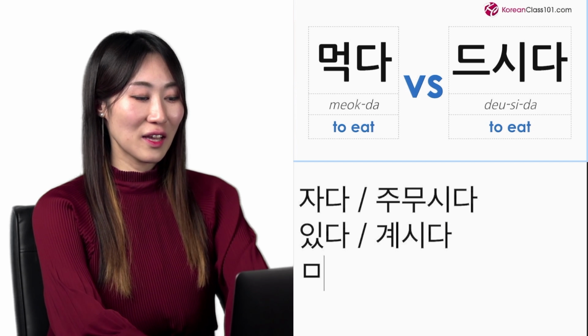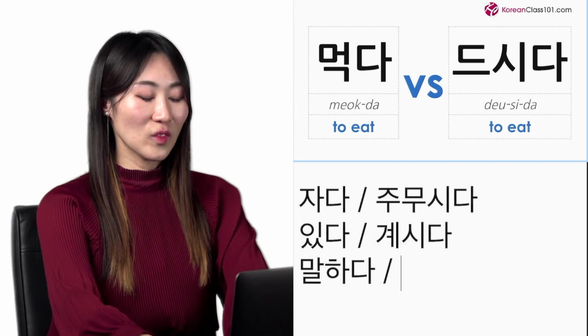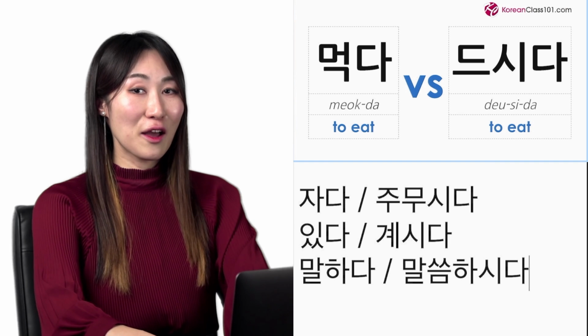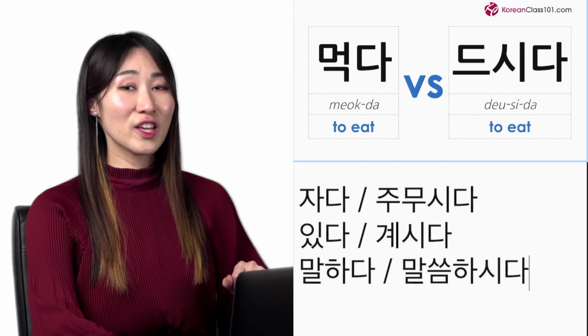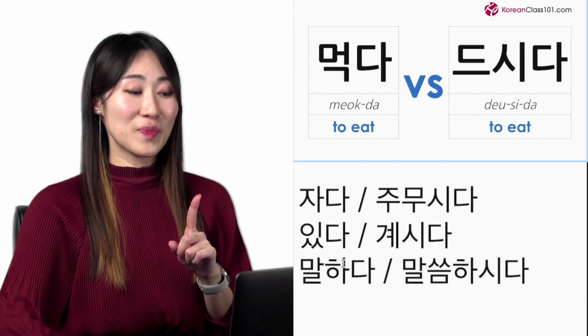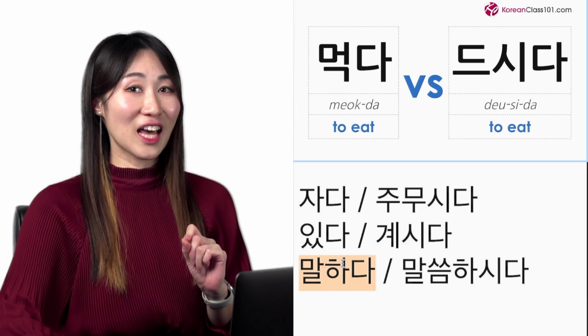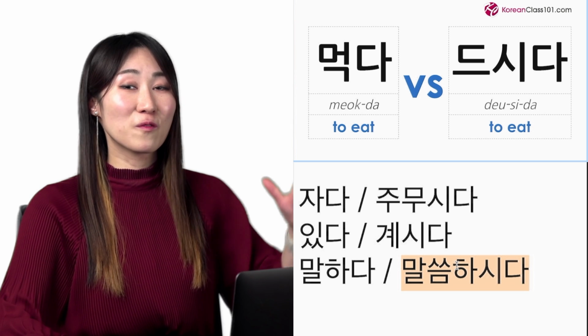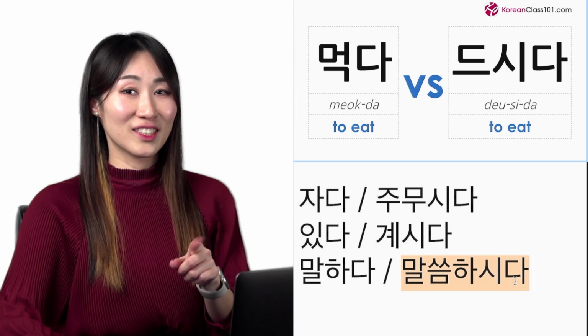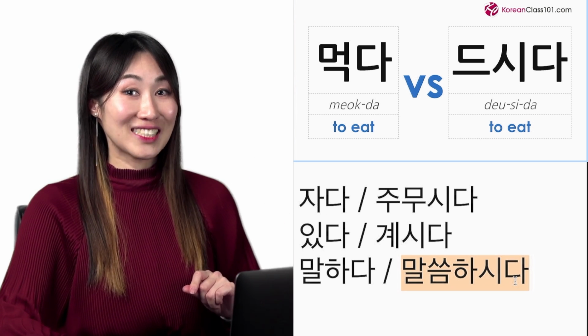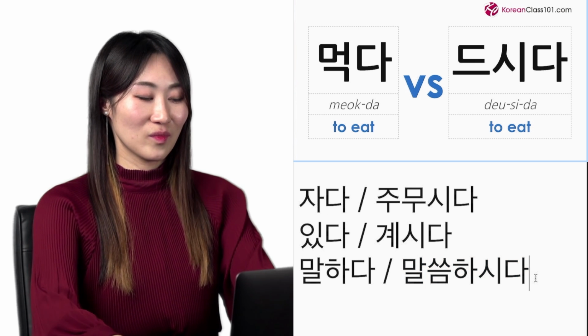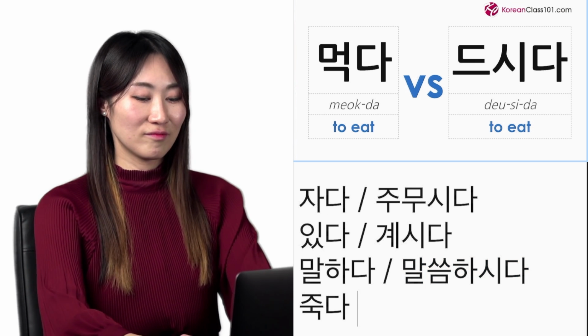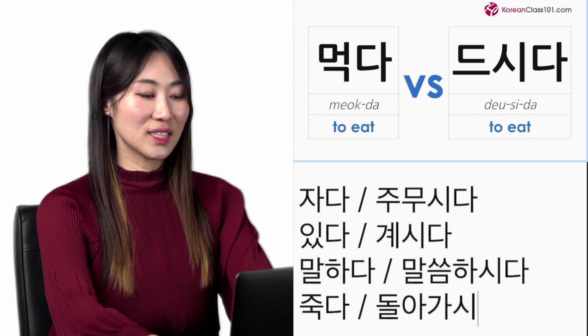Another example is 말하다 or 말씀하시다. 말하다. My friends, my younger siblings can speak using this word. 말하다. But my teacher, my boss, my professors, use this word, 말씀하시다. Another, 죽다 or 돌아가시다.